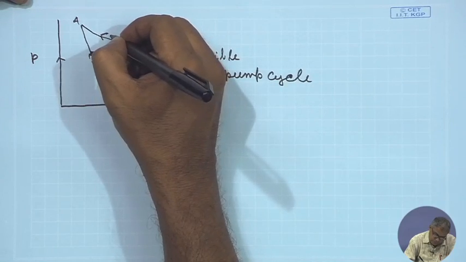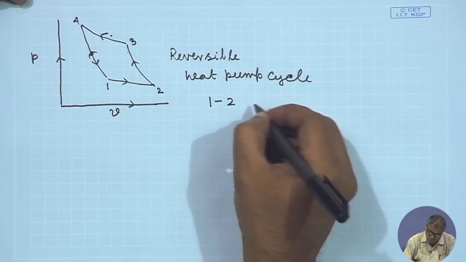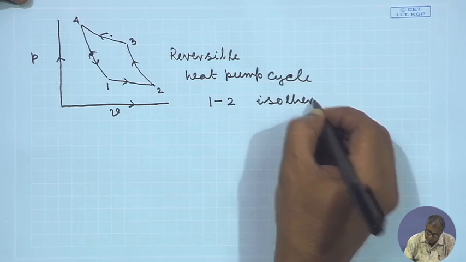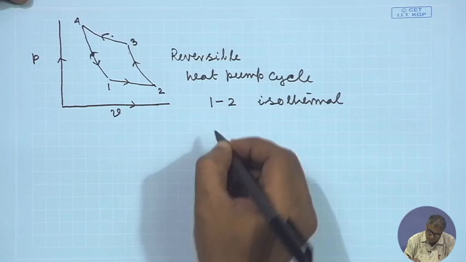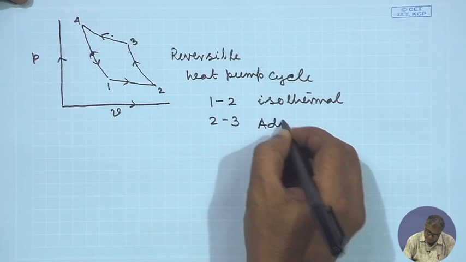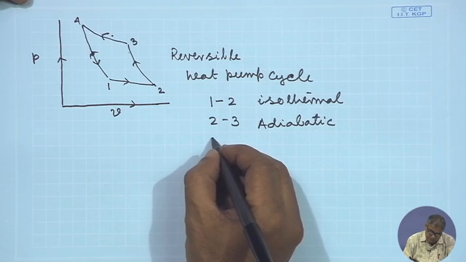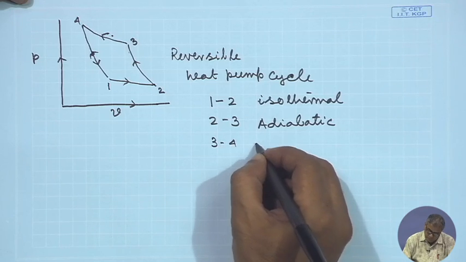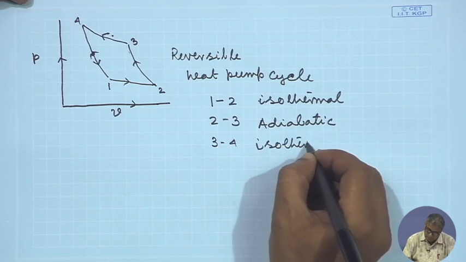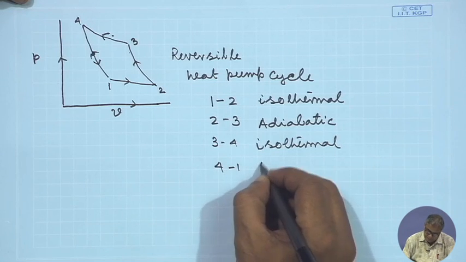How? Again let me write: 1 to 2 isothermal, 2 to 3 adiabatic, 3 to 4 isothermal, and 4 to 1 again adiabatic.